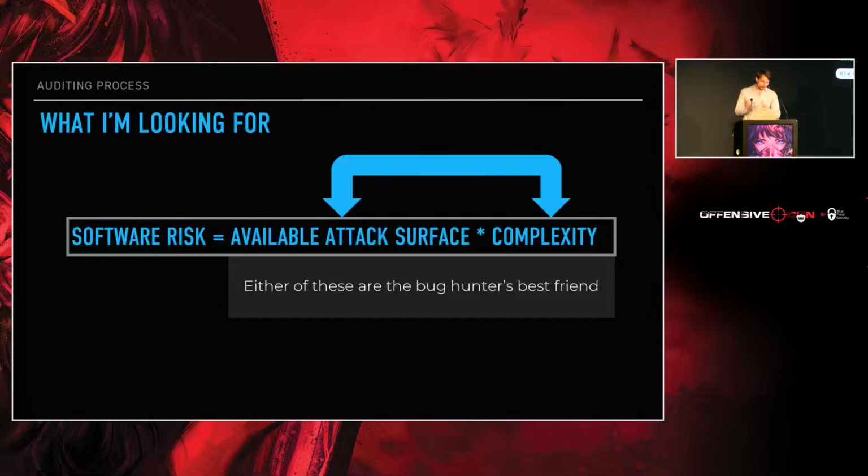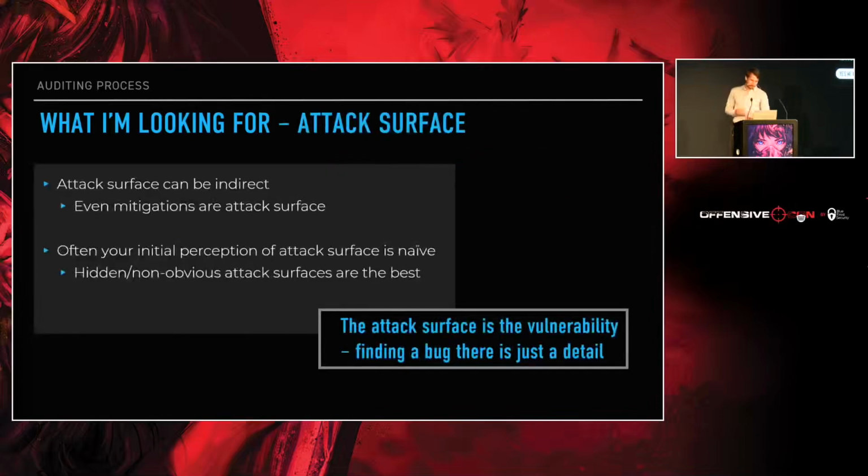But essentially what I'm looking for really is available attack surface and complexity. Either of these are the bug hunter's best friend. One thing I wanted to mention about attack surface, obviously the bigger the attack surface the better, is that after I've looked at the most obvious attack surface, I like to keep in mind that quite a lot of the attack surface can be a little bit indirect.